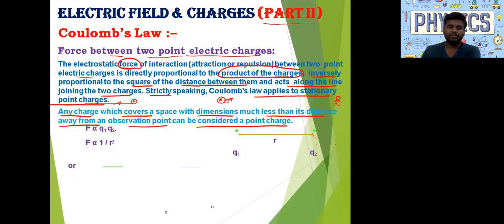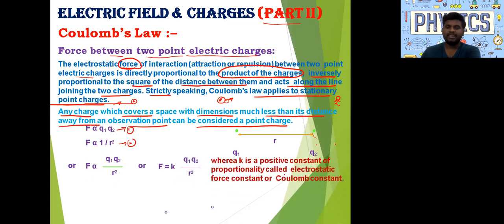By combining these two equations, equation 1 and 2, we can write force is equal to Q1 Q2 by R square, or force is equal to K Q1 Q2 by R square, where K is a positive constant of proportionality called the electrostatic force constant or Coulomb constant.